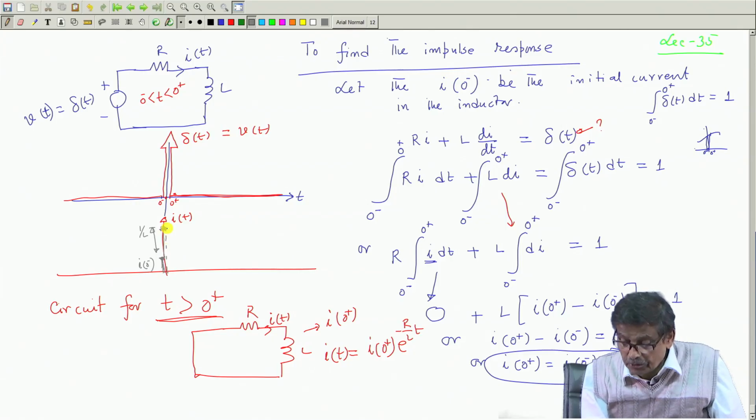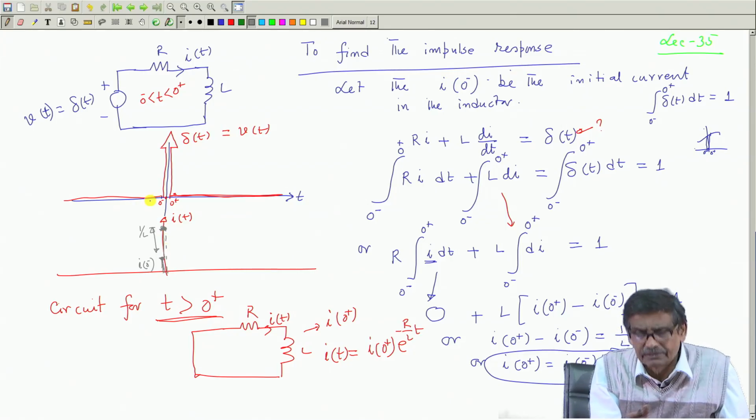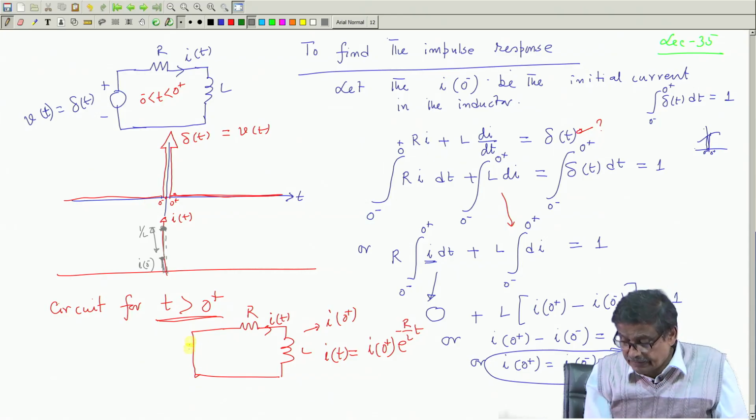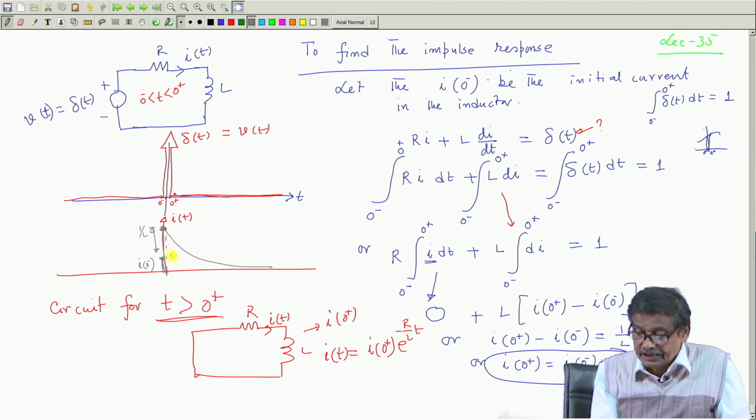So, at t equal to 0 plus, the current will come here. The moment the current comes here, the impulse disappears and it is a circuit like this. Therefore, the current will decay exponentially for t greater than 0 plus.